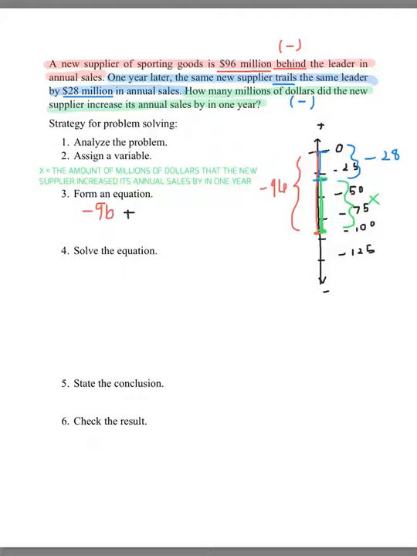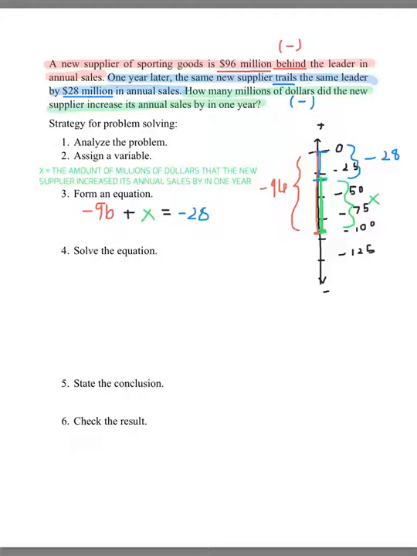So we're going to have to add to that certain quantity that's represented by a variable X. And then once these annual sales happened over that 1 year, that now put the supplier only 28 behind, or trailing by 28 million.